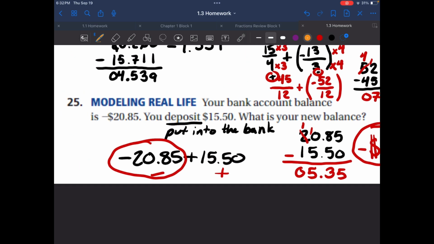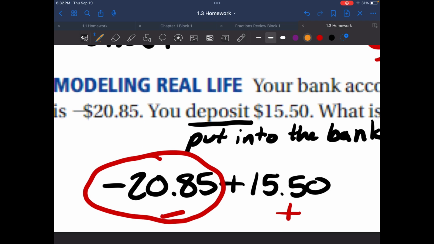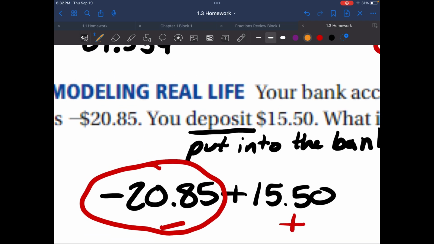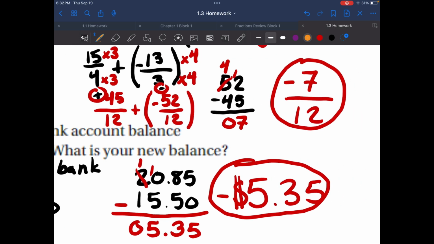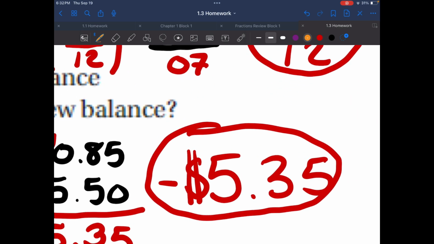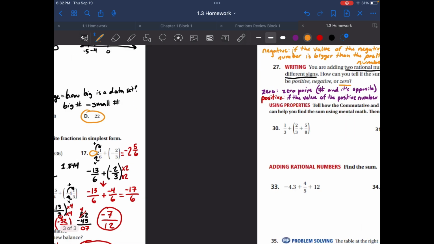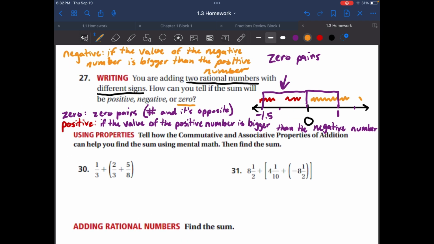As well as number 25. Again, 20.85, that's a bigger value than 15.58. Because it was negative, my answer ended up being negative. So again, that's kind of the wording for 27. But we've already done a bunch of examples where we've seen how this plays out.